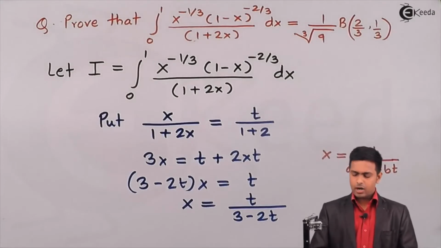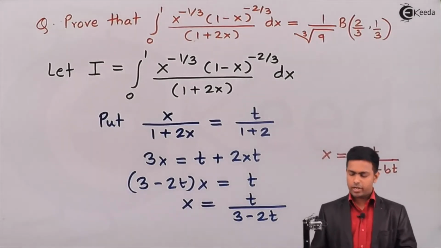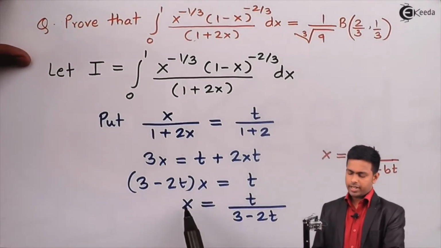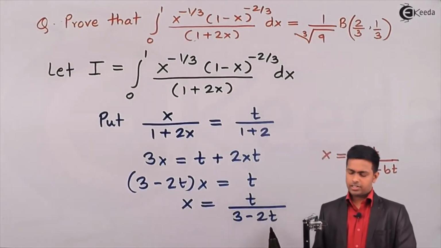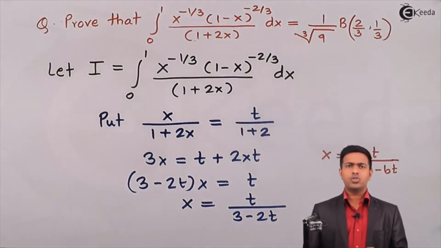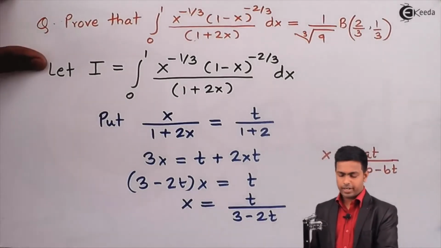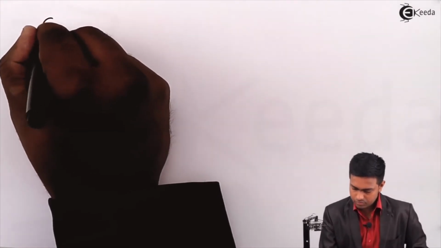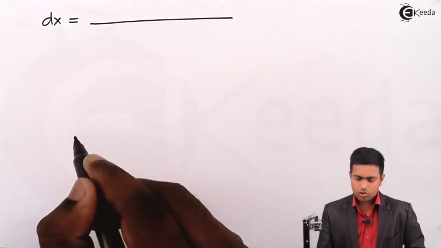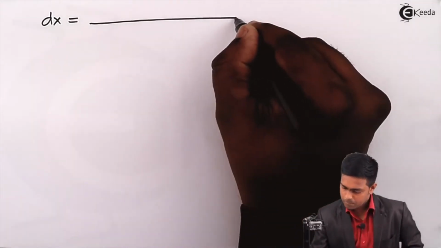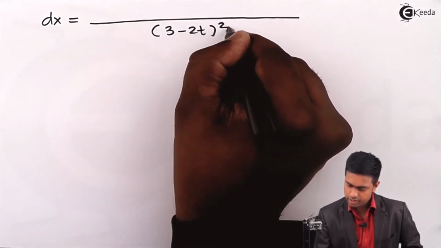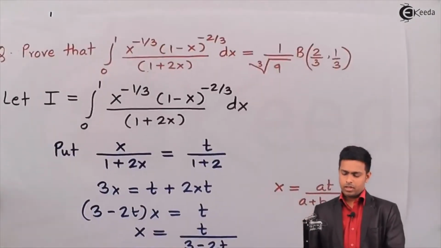Now we just have to differentiate both sides to get the value of dx and the other terms. So dx is equal to the differentiation of this right hand side. On the right hand side we have t upon 3 minus 2t, so we have to use the u upon v rule. We'll get dx equal to, in the denominator, 3 minus 2t the whole square, that is v square.